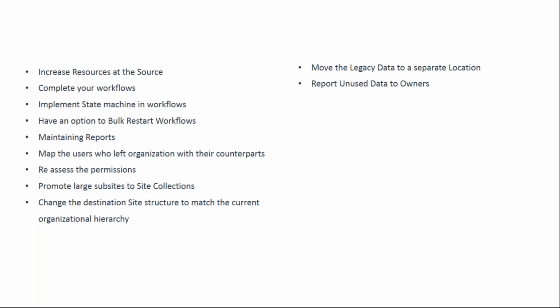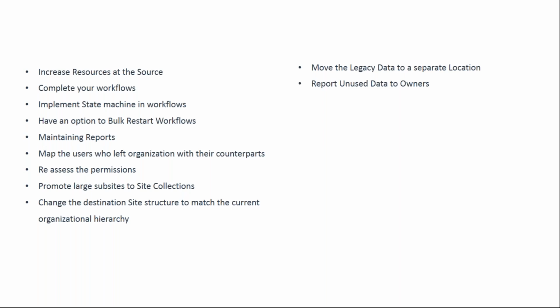Report unused data to owners. A lot of times when we generate reports, we see that items were last modified 3 years ago, 4 years ago. Not all of them might be useful, and they're just lying there because nobody bothered to delete them. Usually anything that is not modified in the last 3 years is an ideal candidate for being reported to site owners to check: hey, do you need this data still?